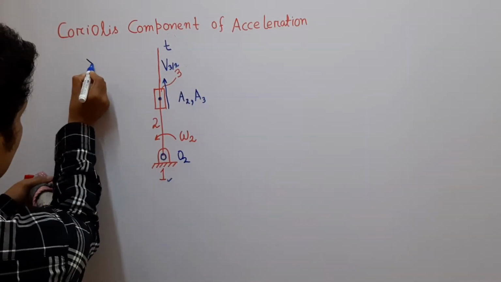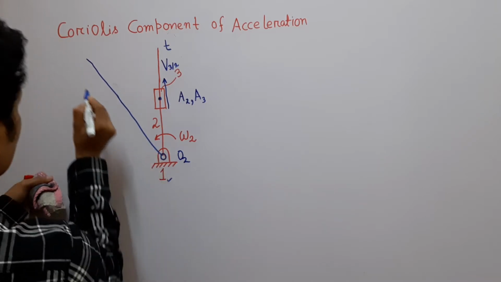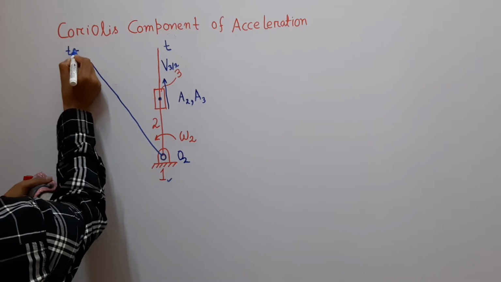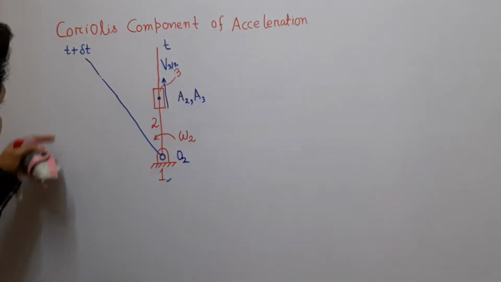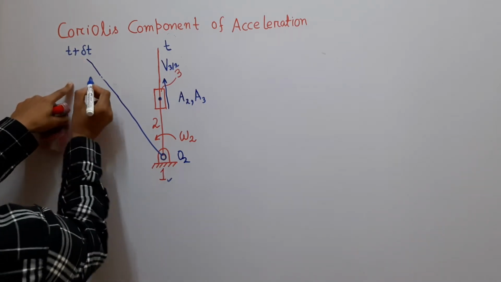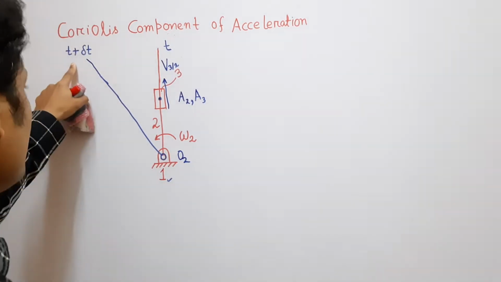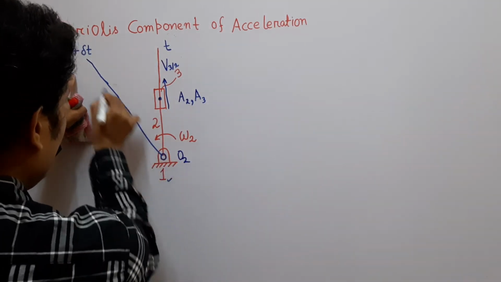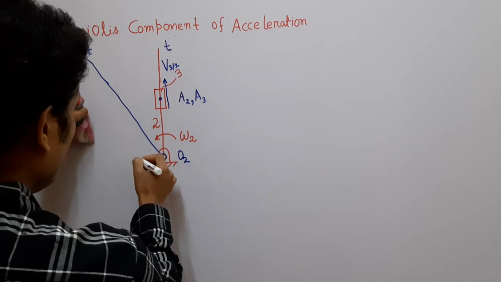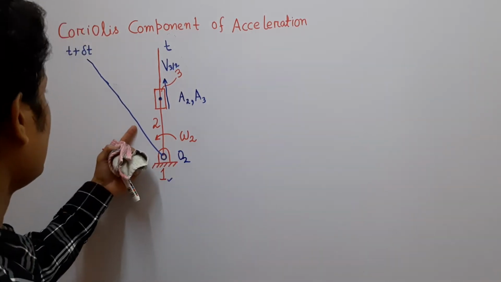After an infinitesimal time instant delta t, the time instant becomes t plus delta t. So this is the corresponding position of link 2, which rotates in the counterclockwise direction and reaches the position here.